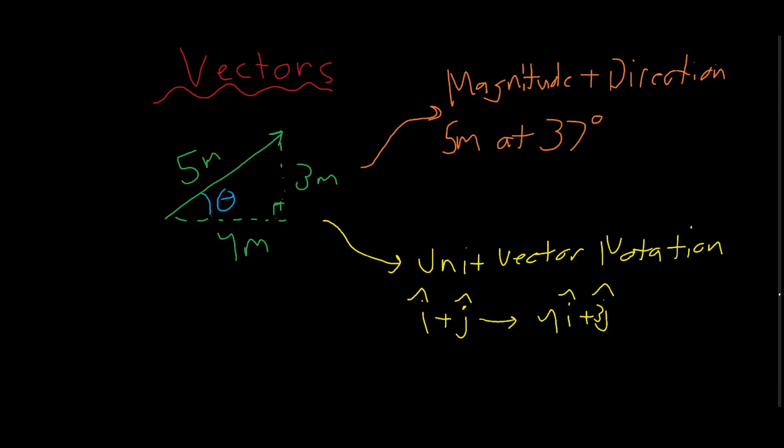And all that the I hat and j hat means is the I hat means the vector is going 4 in the positive x direction, since 4 is positive, and 3 in the positive y direction. A unit vector is just a vector with magnitude 1, and for I hat it's in the x direction, j hat's in the y direction, and then we multiply them by scalars in order to get them of different lengths.